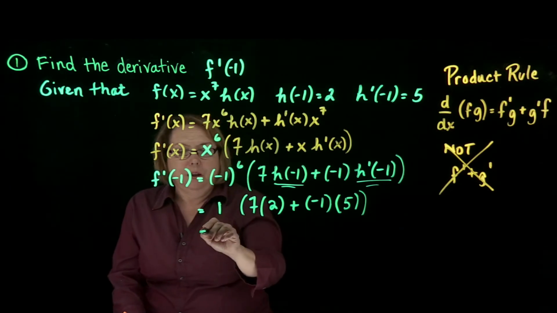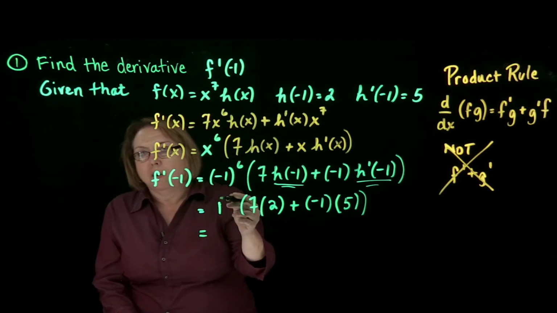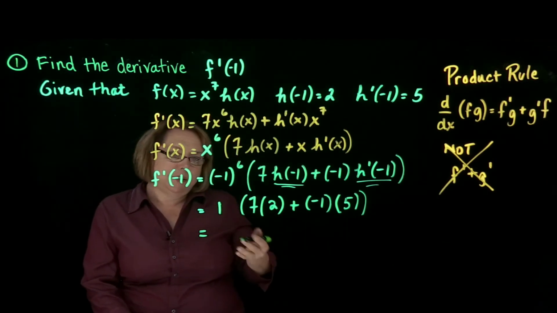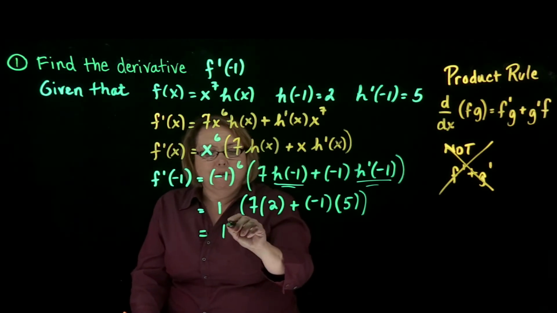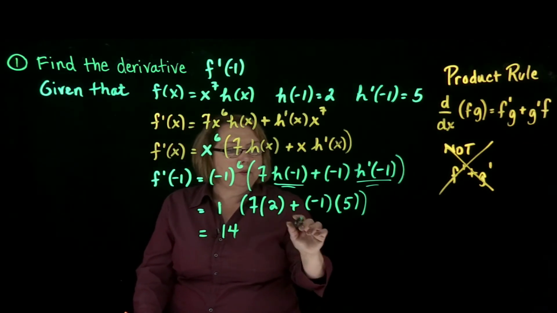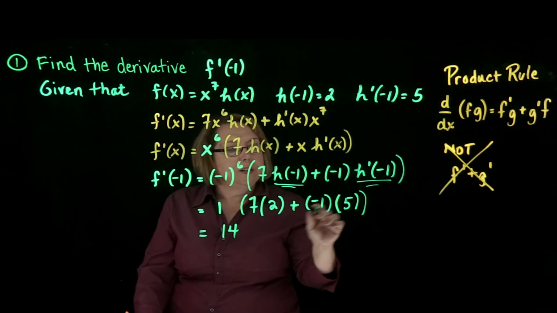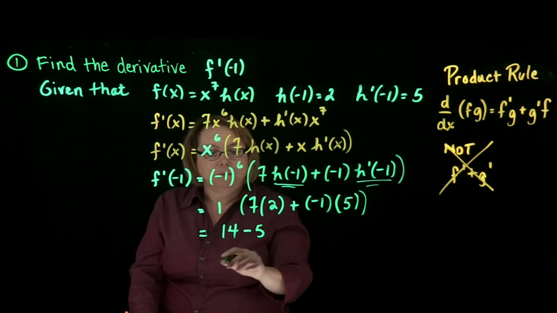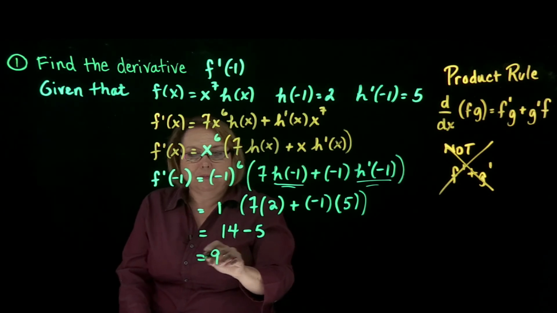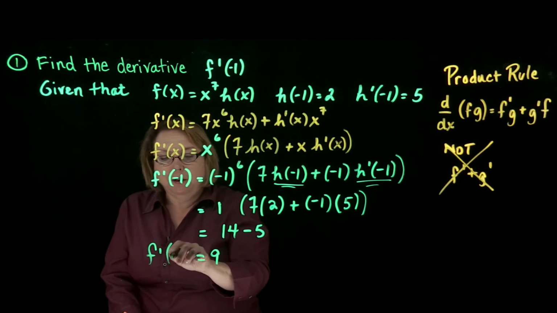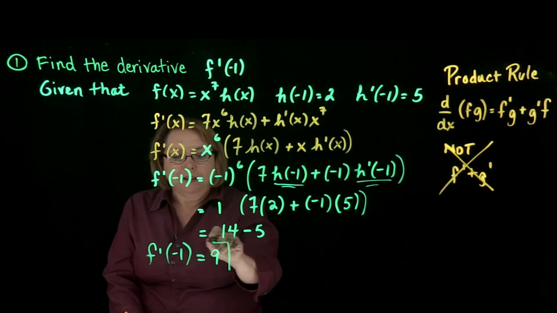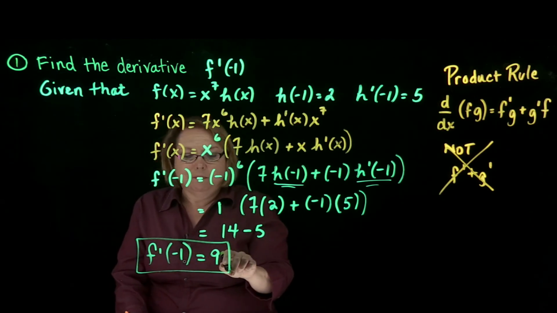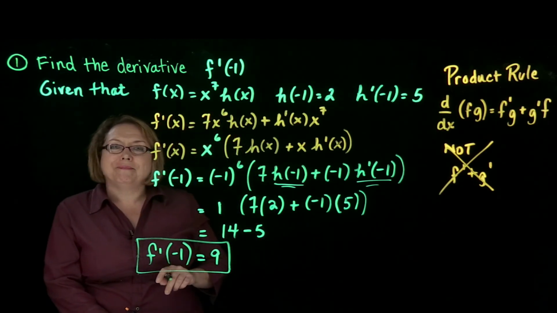Okay. We could disregard now this 1 that's in front, because it's just a 1. So we'll have here 14, 7 times 2, plus 1 times negative 1 times 5, or minus 5, which is 9. So f prime of negative 1, our solution is 9.